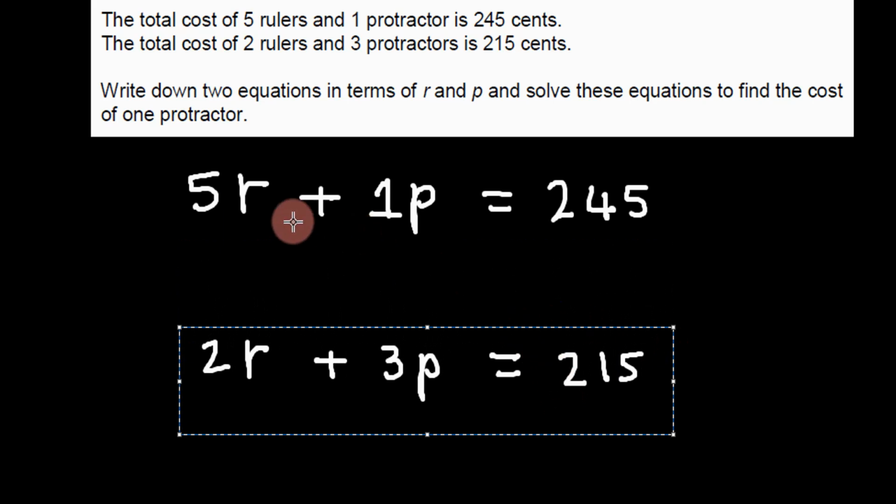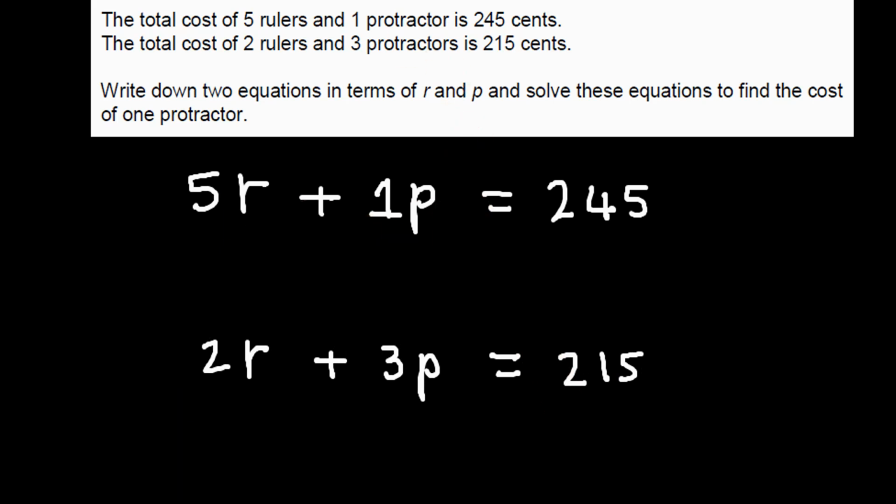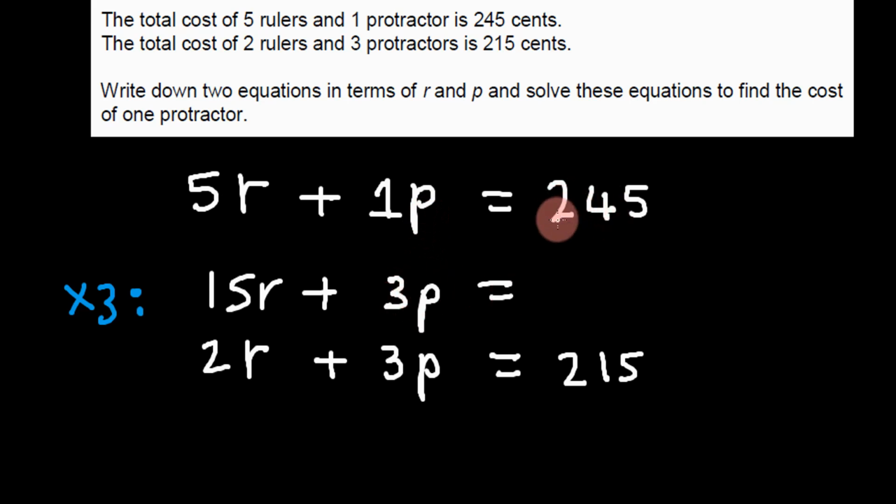So we're going to multiply the first equation by 3. So 3 times 5R plus 3 times 1P, or just P, equals 3 times 245.